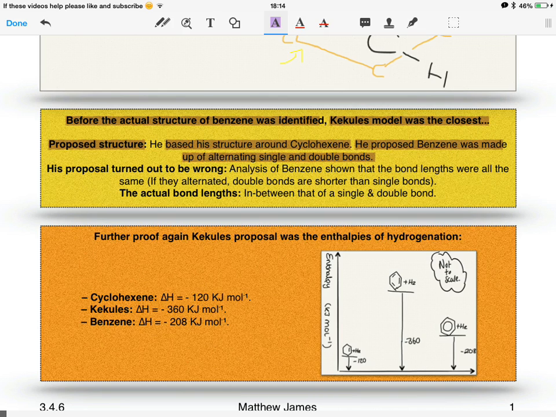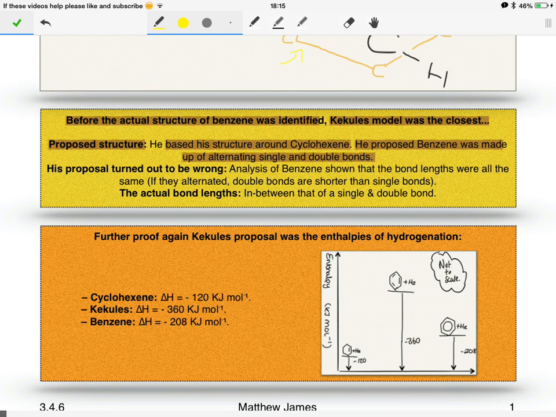So we know that cyclohexene is basically this, with obviously a double bond. So what Kekulé decided is that benzene was going to be something like this. Alternating single and double bonds, single, double, single, double.